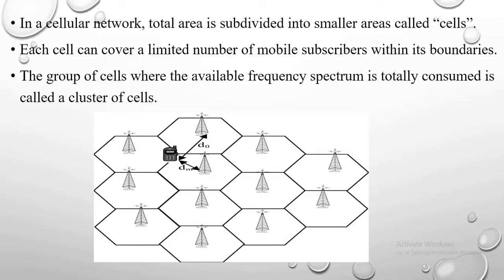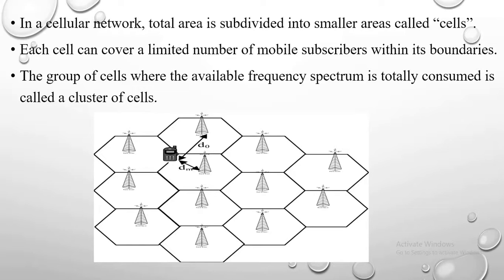First, cell means, to have a communication connection between two mobiles or two cell phones, you have to divide the complete geographical area into smaller areas, which are called cells. These cells are going to cover a limited number of mobile subscribers.